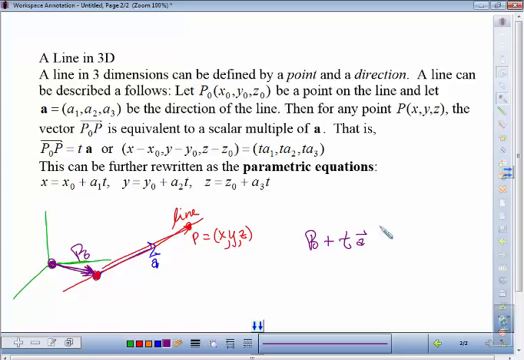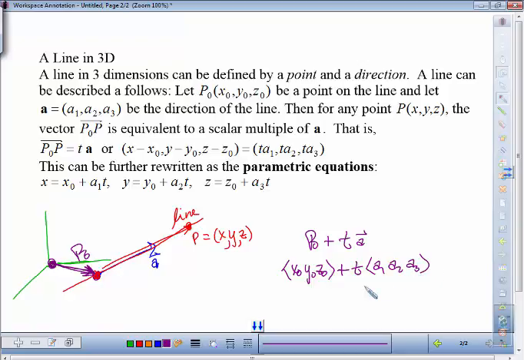So P naught, if you remember, is x naught, y naught, z naught, plus t times the A vector, which is A1, A2, A3.